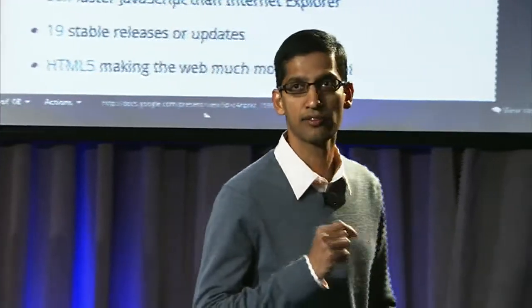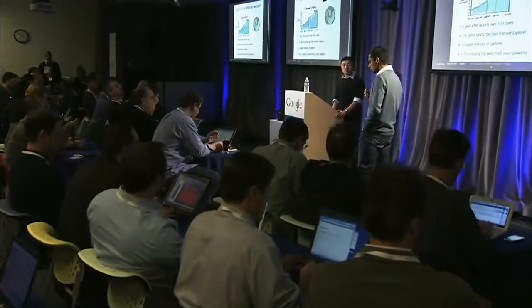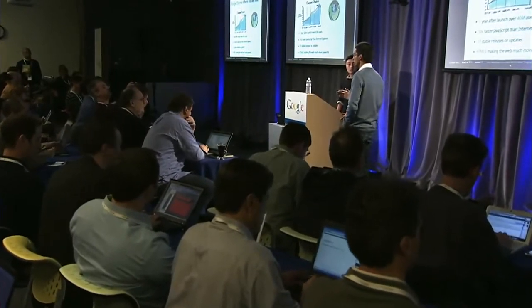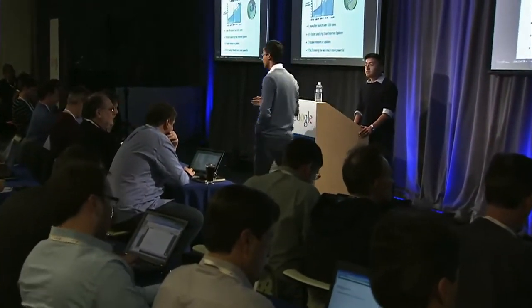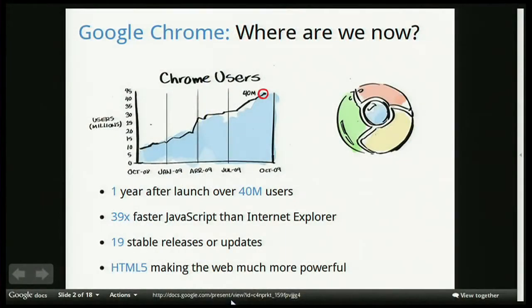We've really focused on speed, but JavaScript performance is just one aspect of speed. We have focused on end-to-end speed of the browser, from the time you click the icon to how you load web pages to how you interact with the browser. Most users who use Chrome write back to us, and the most common feedback we get is that Chrome is fast. The next point is, over the last year, we have updated Chrome about 20 times, including several major versions. Most users don't notice.